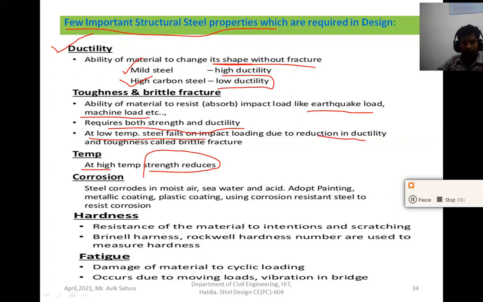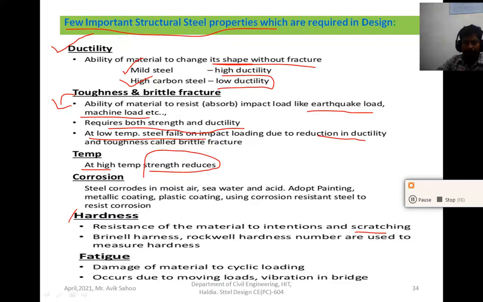Another is hardness. You know that this toughness we can get by the Charpy test and Izod test. This is a type of test. So using that test we can get the toughness of the material, the toughness of steel. And also the hardness. Hardness is the resistance against indentation and scratching.